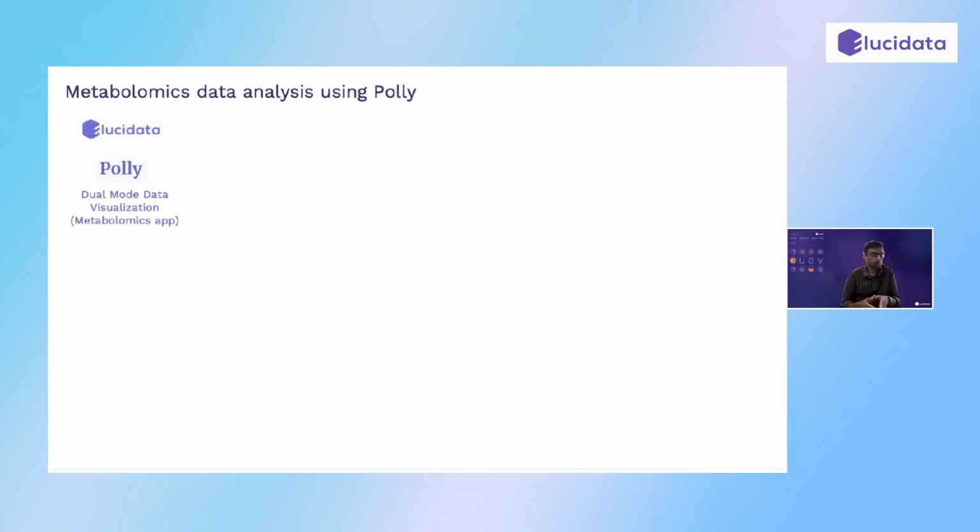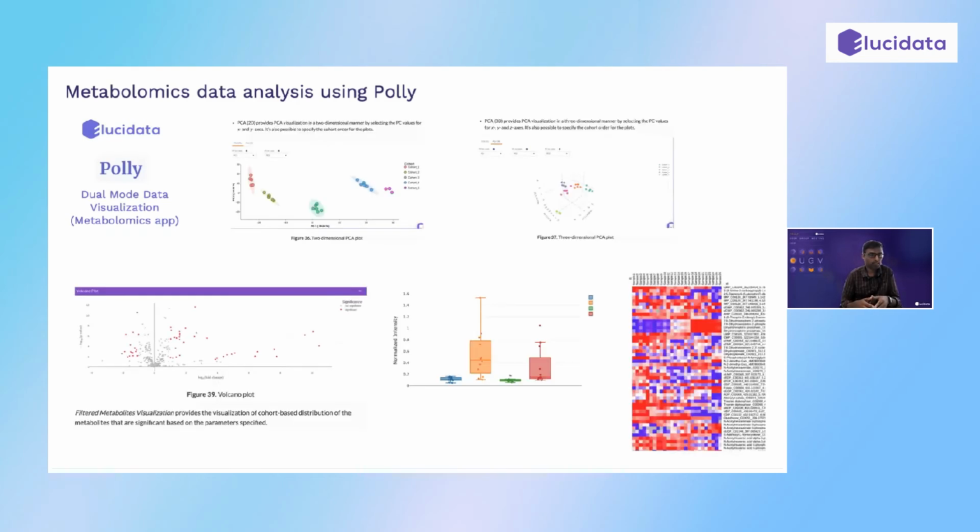One tool I want to highlight here is the Polly dual mode data visualization tool. That is a metabolomics app that gives us access to different types of visualization in one go after we get the peak intensity tables from the vendor tools.